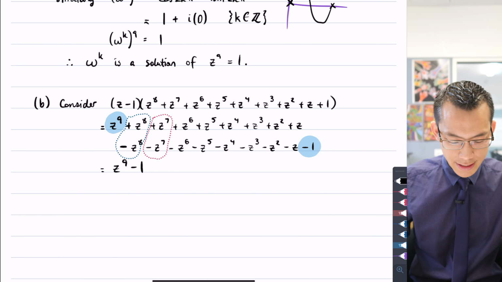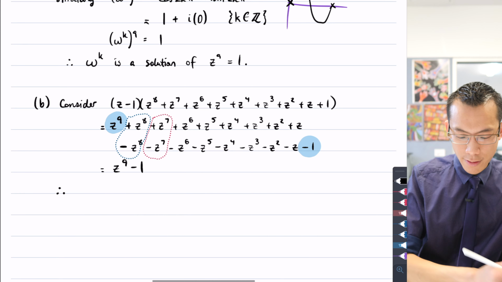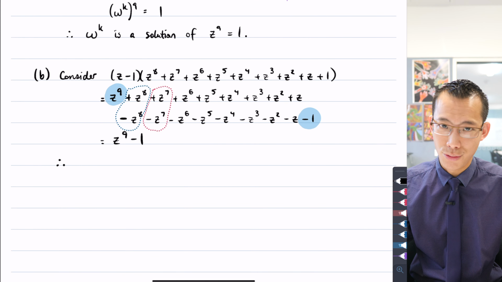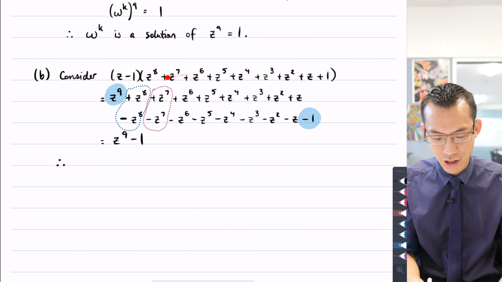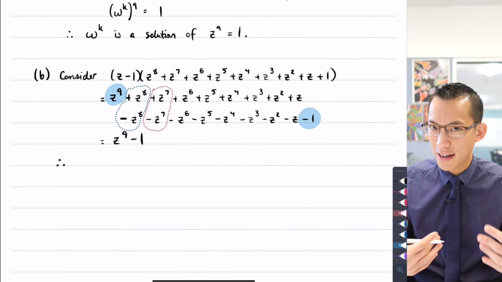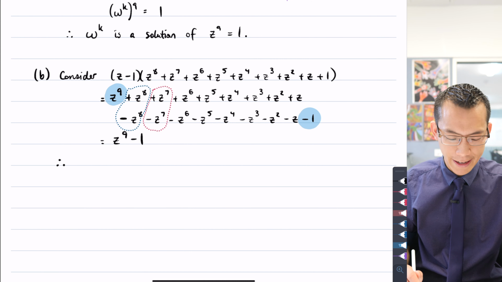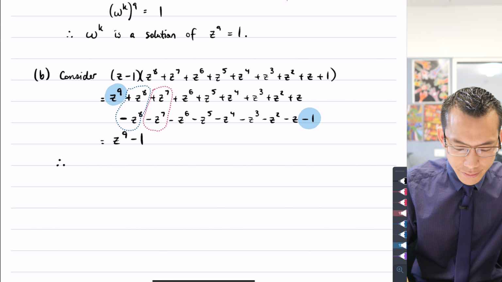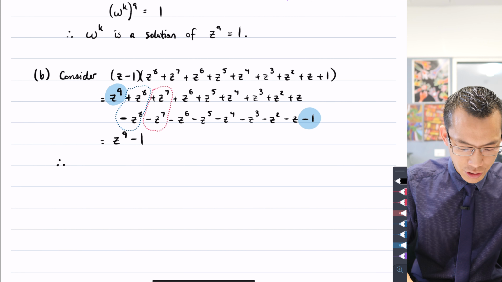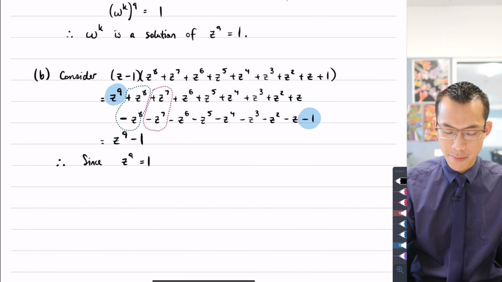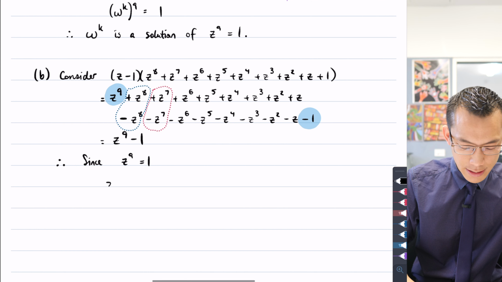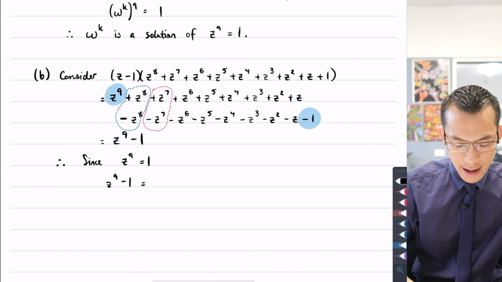So therefore, and remember, if I weren't asked to show that this was a result, I would probably just go straight to this factorization that I saw on the top line, but I've been asked to show it, so I don't want it just to come out of thin air. I can say, therefore, since z to the 9 equals 1, that's what I got from part A, I can say z to the 9 minus 1 equals 0.